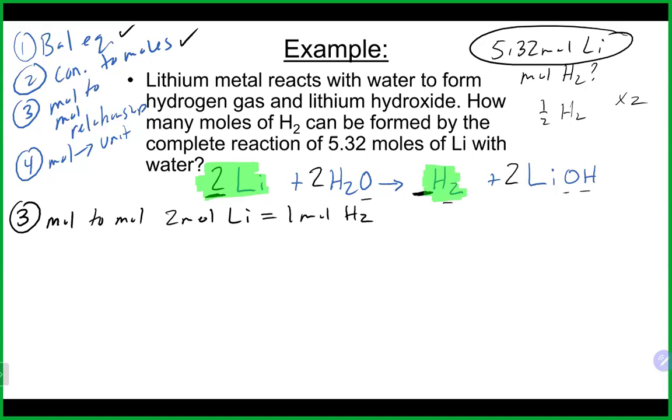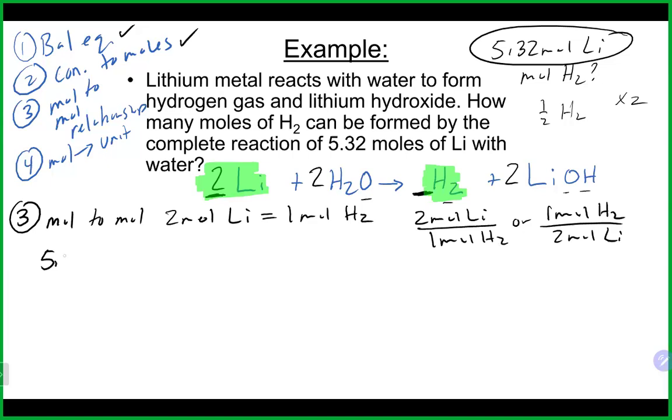It's really the conversion factor that we can get. That gives us 2 conversion factors. We could use 2 moles of lithium over 1 mole of H2, or you could flip it around, with 1 mole of H2 up on top and the 2 moles of lithium on the bottom. So we're ready to do that calculation.